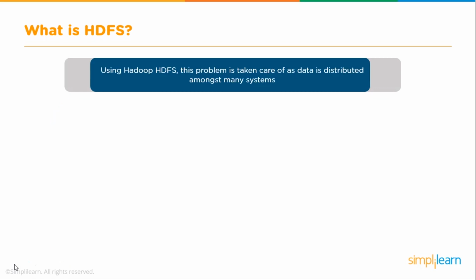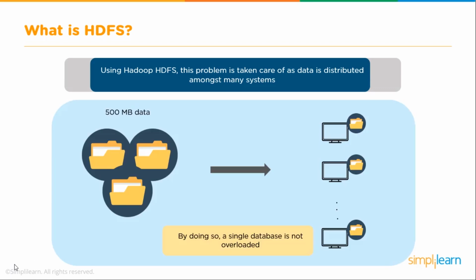If we talk about Hadoop's storage layer, that is HDFS, the problem is taken care of because the data is distributed across multiple machines. If we look at this image, it explains that the same 500 MB of data which was stored in one location in a standard solution would now be stored across machines, so that one single machine is not overloaded, and second, you have your data distributed across multiple machines.